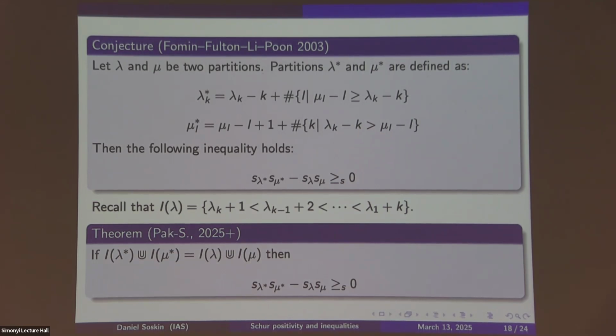You can plug in non-negative numbers, for example, smaller than something, and then you will have a large A minus B that is always non-negative. I think you're referring to your object, and you mentioned the Jacobi-Trudi calendar. Is lambda greater than mu in dominance order, and you decompose, like Muir?